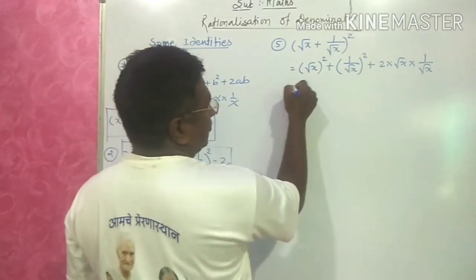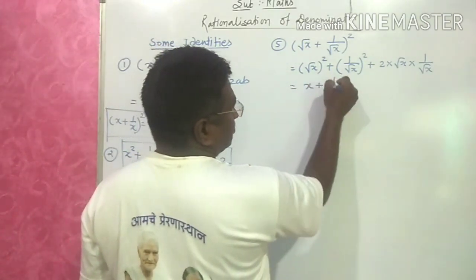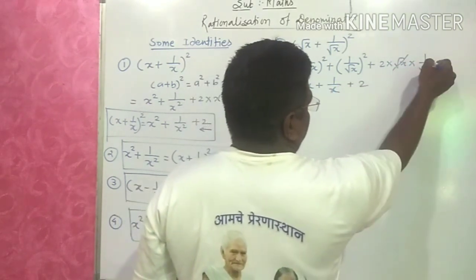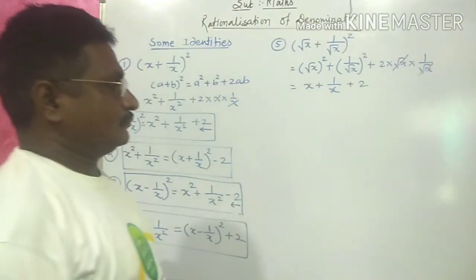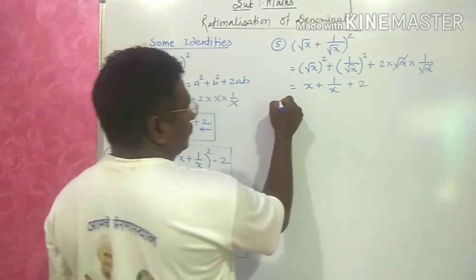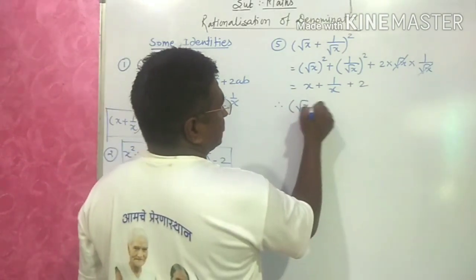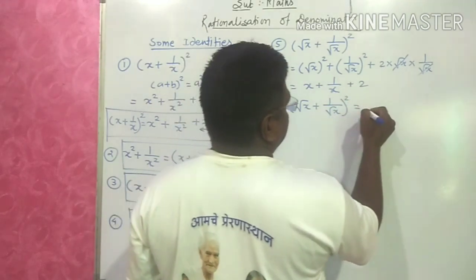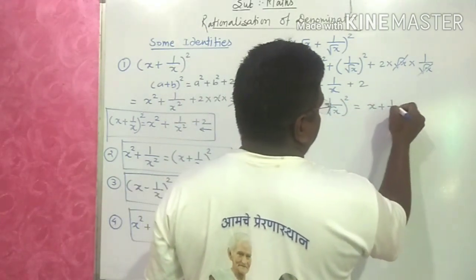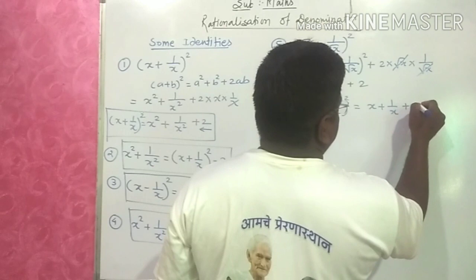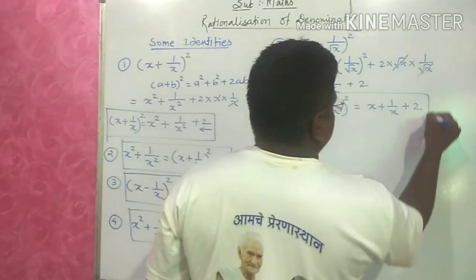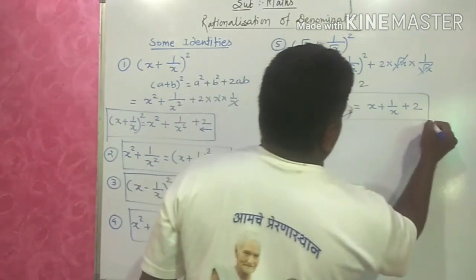So what will we get? x plus 1 by x plus 2. This root x cancels. So root x plus 1 by root x whole square equals x plus 1 by x plus 2. So this is another identity.